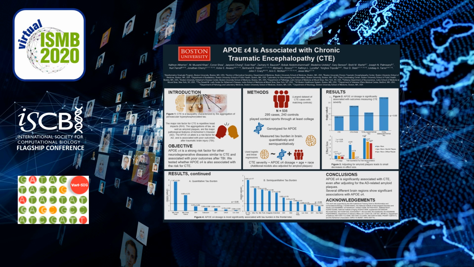We believe the reason that there was not a significant association with CTE diagnosis is because analysis of this binary trait has less statistical power compared to analyses of the quantitative and semi-quantitative traits.